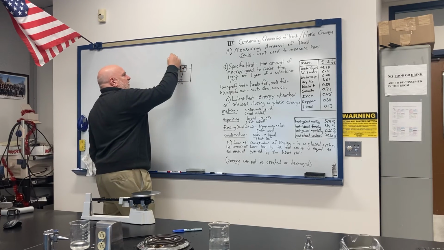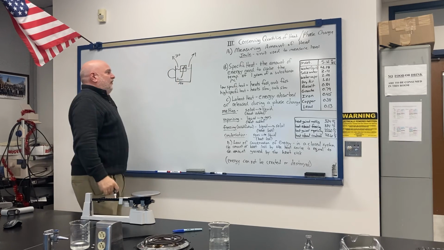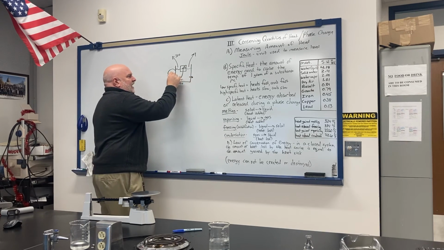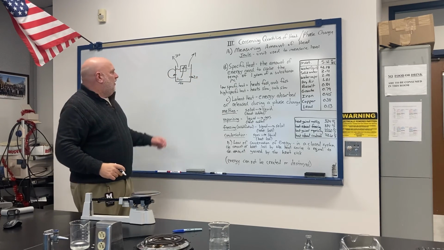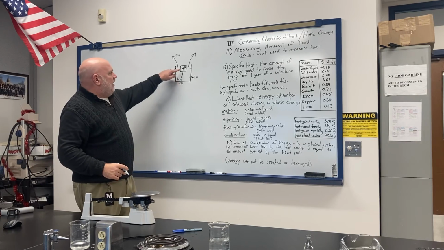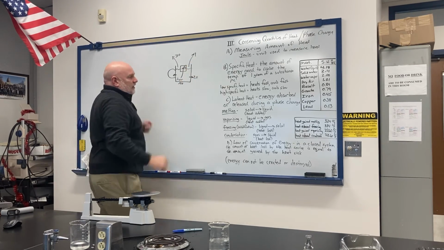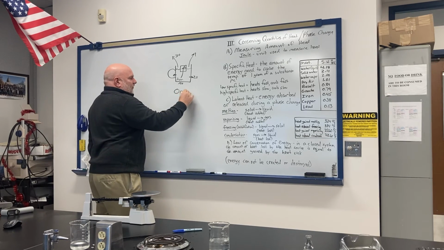Some of the heat's going to be lost to the air, maybe 30 joules of that was lost to the air. There's going to be some heat that's going to get conducted through the sides of the mug. Maybe it's 20 joules of heat there. So it's not just that one place where the heat's going. A lot of heat's being lost to the atmosphere as well. That's an example of an open system.